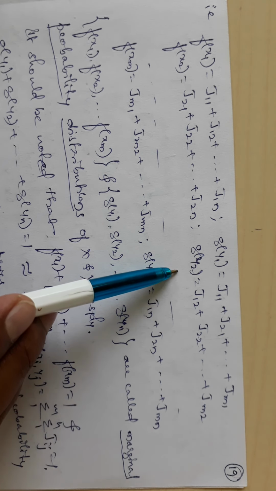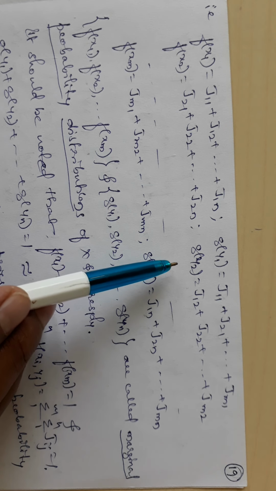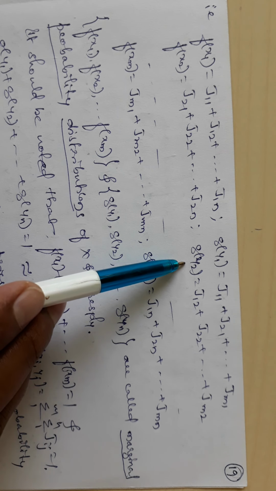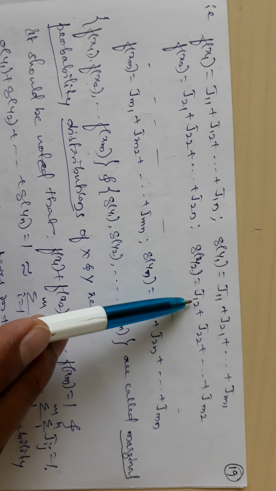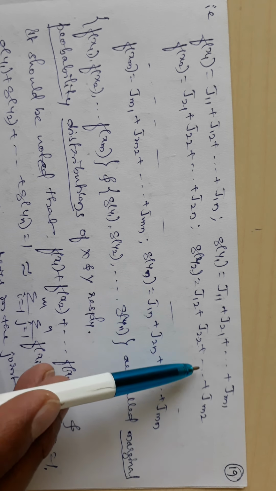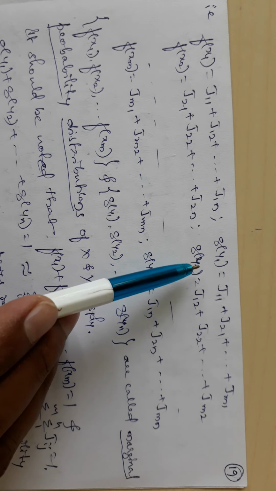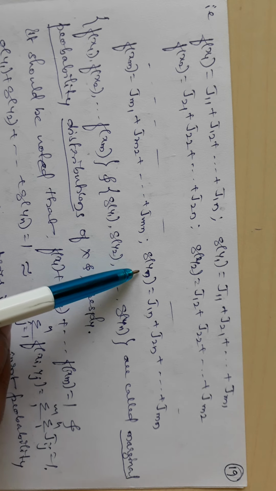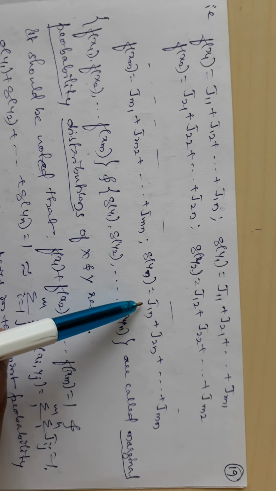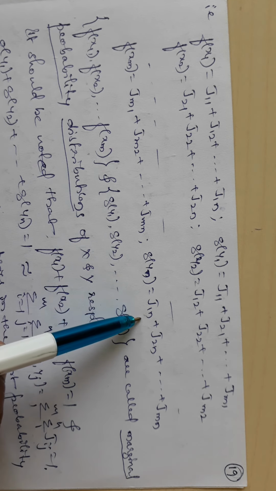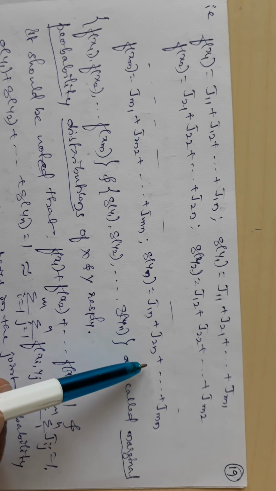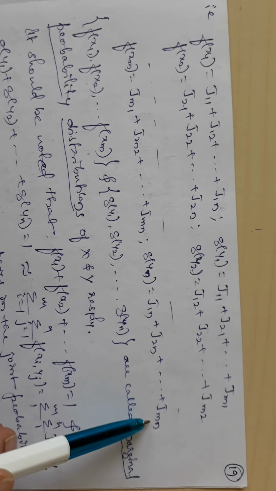Next, the second column value is g(y2) equals J12 plus J22 and so on up to Jm2, and so on up to the last column value g(yn) equals J1n plus J2n and so on up to Jmn.